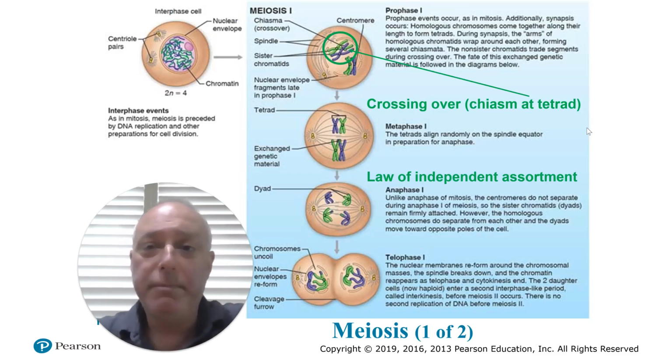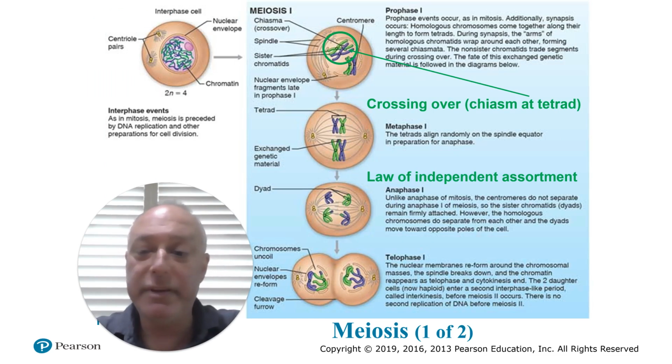Now, remember meiosis occurs in the gametes. Mitosis occurs in the somatic cells, all the rest of the cells that are not the sperm or the eggs. There's a very important event that occurs right after the interphase of meiosis 1, and during prophase there is an event called crossing over. You have homologous chromosomes, 23 from mom, 23 from dad, but each one is paired, so you can number them 1 through 23.